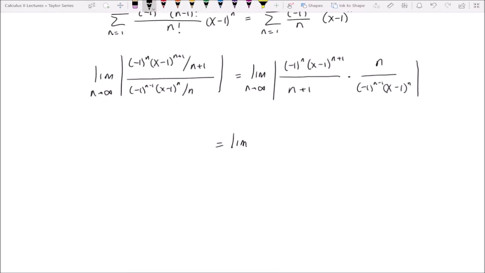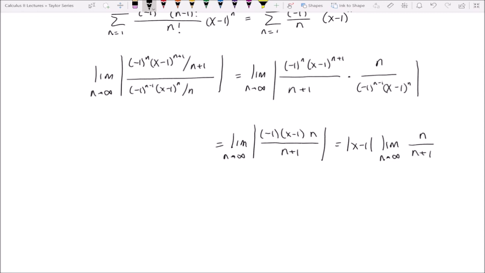Once the limit is simplified, we have the absolute value of negative 1 times x minus 1 times n, all over n plus 1. So we have the absolute value of x minus 1 times the limit of n over n plus 1.